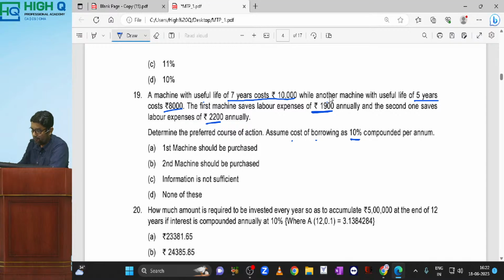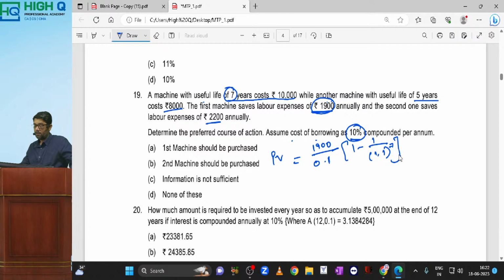First machine, how much does it save? 1,900 for how many years? 7 years. So find the present value, my dear. 1,900 divided by the rate of interest 10%, 0.1, into 1 minus 1 by 1.1 whole power 7.